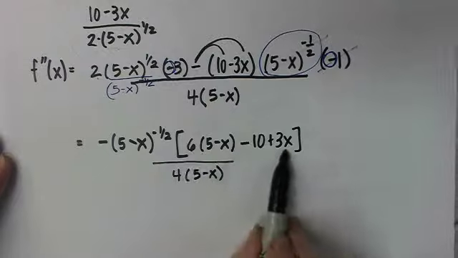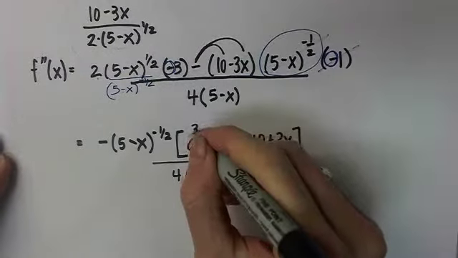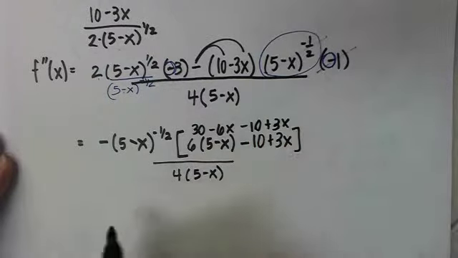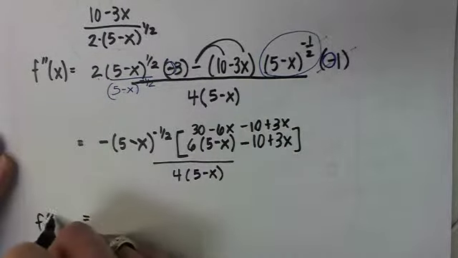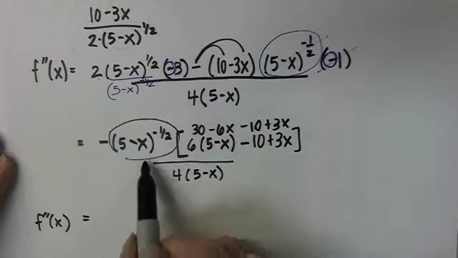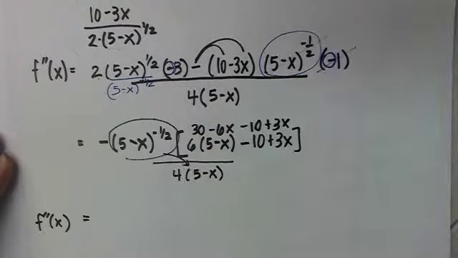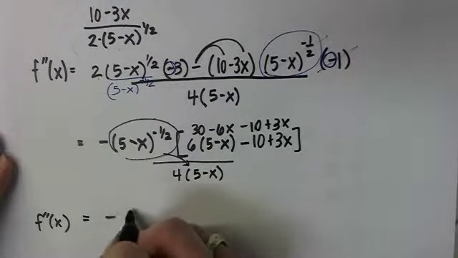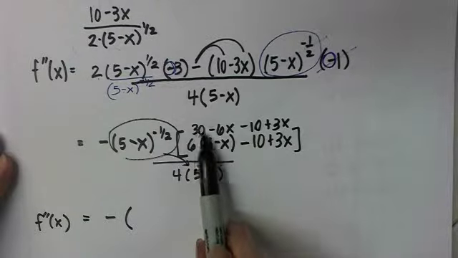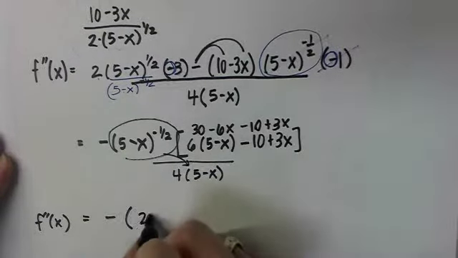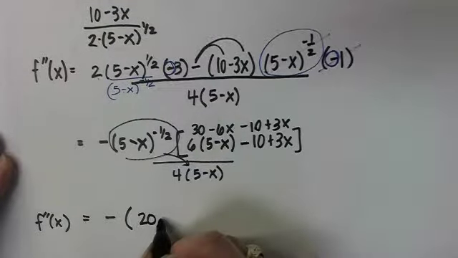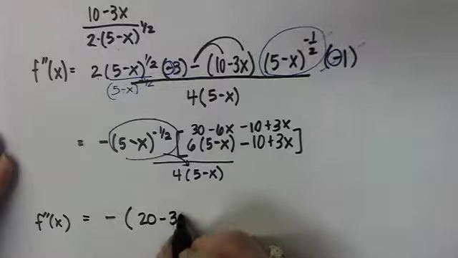All right, so on the inside here, let's go ahead and distribute the 6. We get 30 minus 6x minus 10 plus 3x. So simplifying the second derivative, this negative exponent would take it down to the denominator. So all we're going to have left up top is negative, and then on the inside of the parentheses, 30 minus 10 is 20, and then -6x plus 3x is a minus 3x.